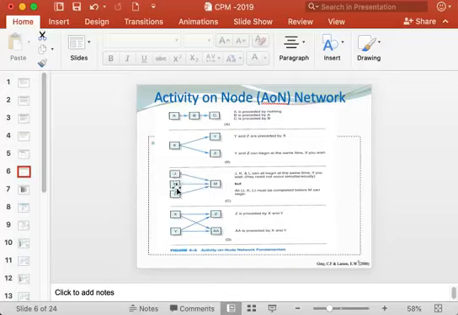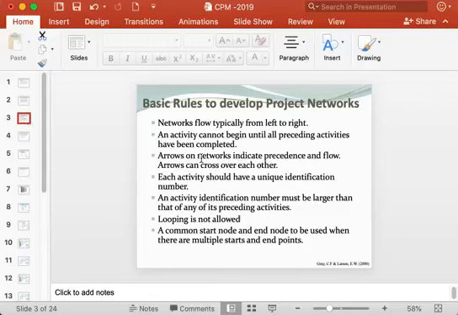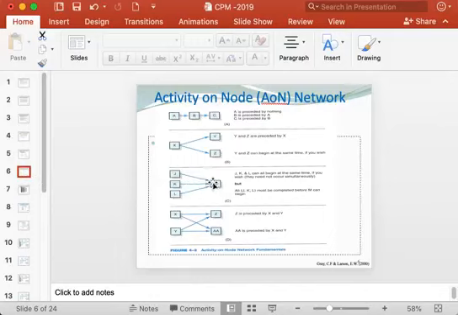So that is what it is talking about here. We have used this example here where activity M is preceded by three activities J, K and L.